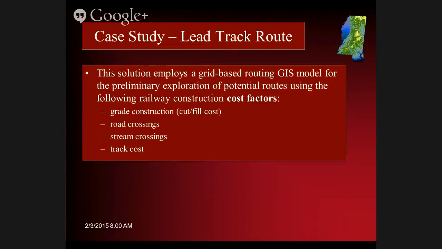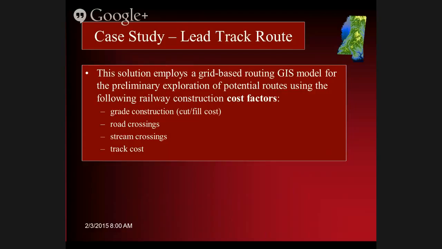And so what we had to do was to first decide on what the cost factors would be. So we had to talk with the people that were experts in building tracks, and we found out that one of the biggest costs is preparing the grade.